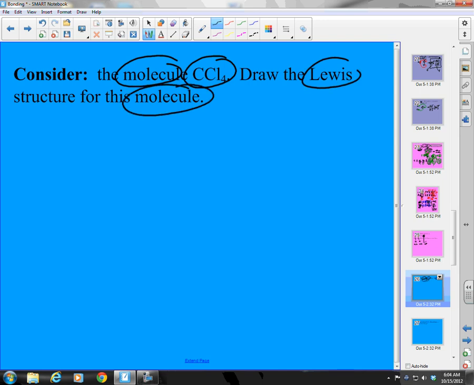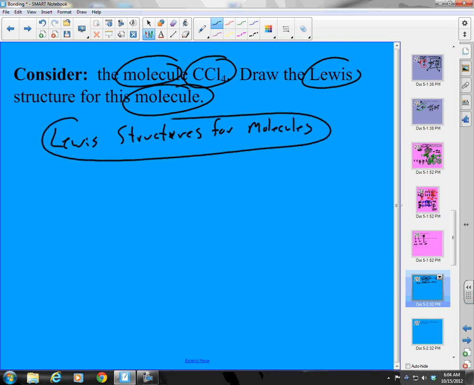Well, we're going to need some rules here, so let's write down some rules. We want to draw Lewis structures for molecules, and there is a set of rules. Rule number 1. You remember what Lewis structures are, right?